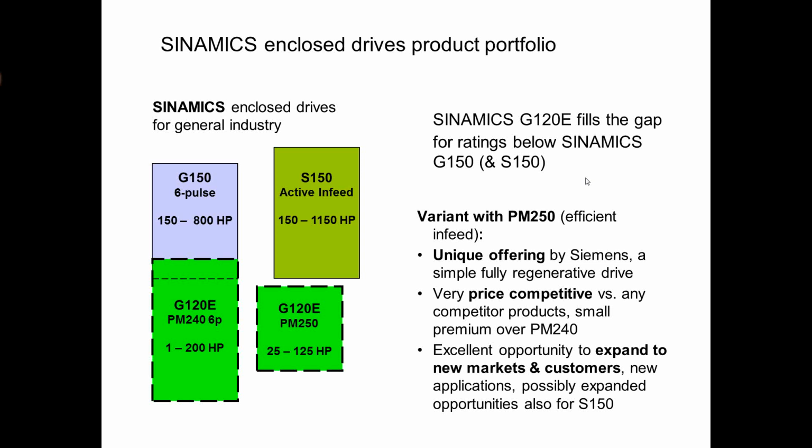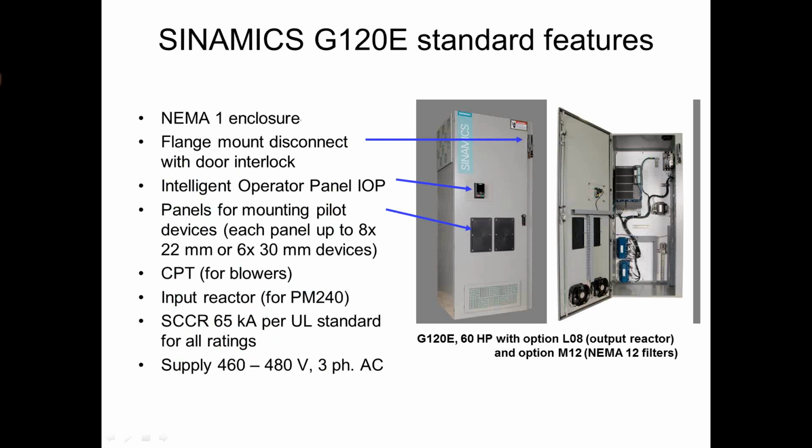This G120E line kind of fills in below that, and they're going after systems where, in many cases, for building systems, commercial systems, people are looking for a prepackaged design. But also, this can be very effective for OEMs. You buy the drive; it's completely sized properly. You get full design documentation, so that you know exactly what you're getting.